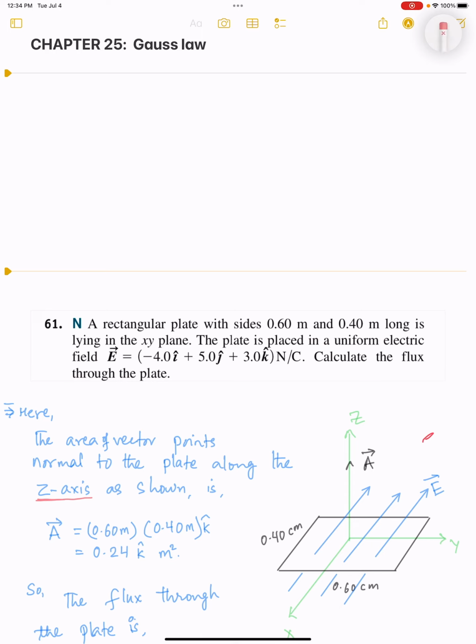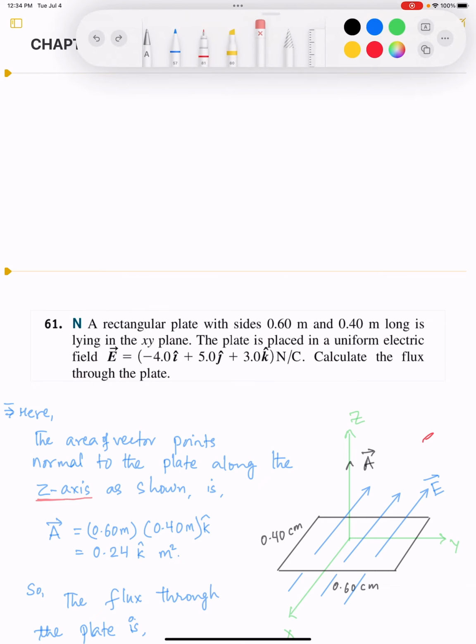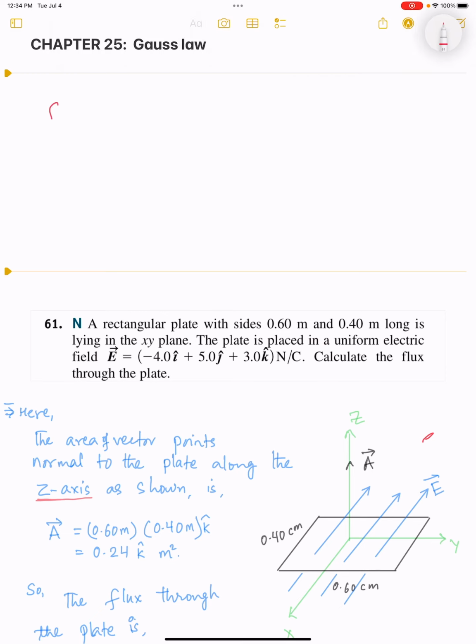That is, it states that the total electric flux through a closed surface, this is the integral of E dot dA, is equal to Q over epsilon naught.